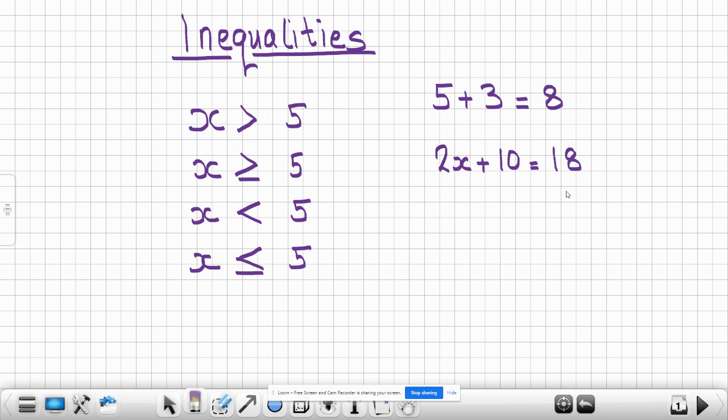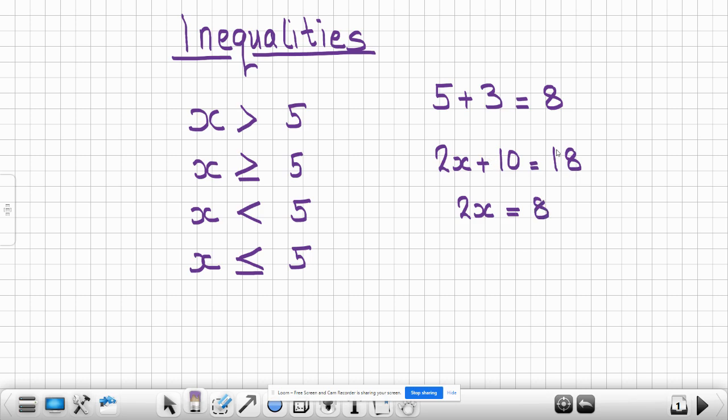And then we know the rules of how we work with equations. Whatever we do to one side, we must do to the other to keep that equality. So if we wanted to solve this to find out what x was, the first thing we'd do is subtract 10 from both sides. So we would say 2x equals 18 minus 10, which is 8.